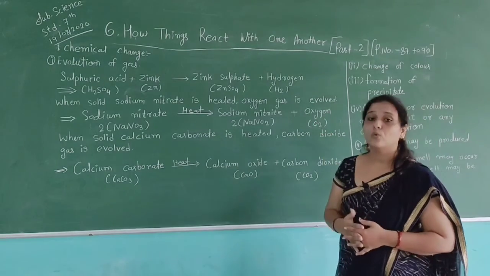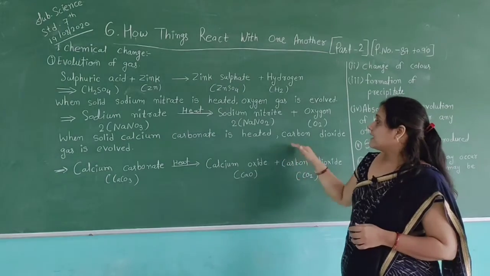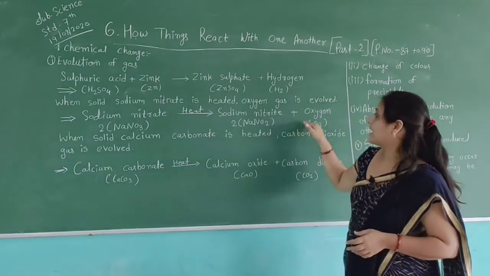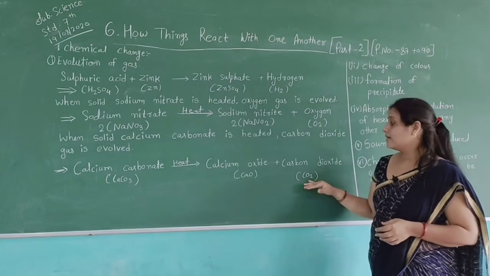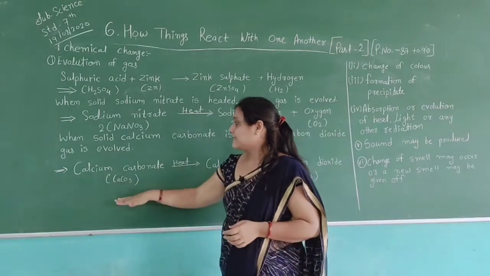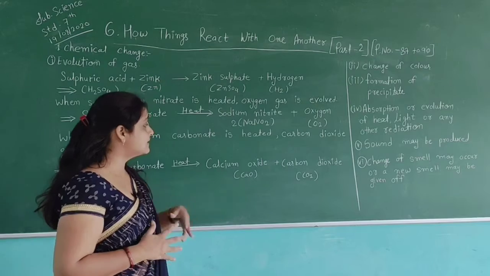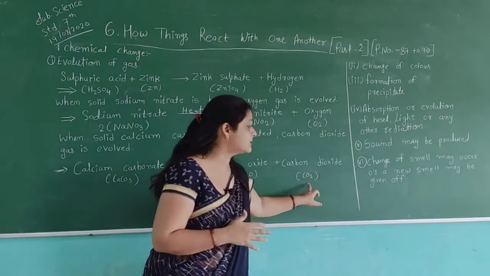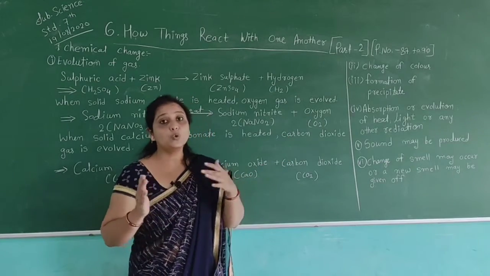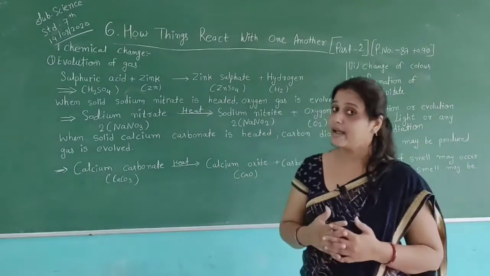When solid calcium carbonate is heated, carbon dioxide gas is evolved. Calcium carbonate is CaCO3, calcium oxide is CaO, and carbon dioxide is CO2. In the first process we get oxygen, O2, and in this process we get carbon dioxide, CO2.